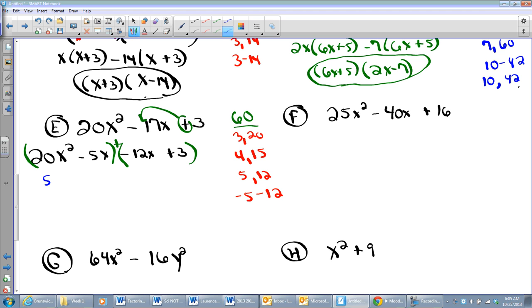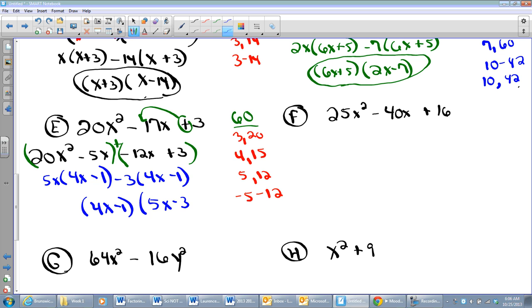Looks like I'm going to pull out 5x. I'll be left with a 4x minus 1. Here, I think I'm going to pull out a -3. And I'll get a 4x minus 1. And that looks a lot better. Quantity of 4x minus 1 times the quantity of 5x minus 3. And there we go. All right.